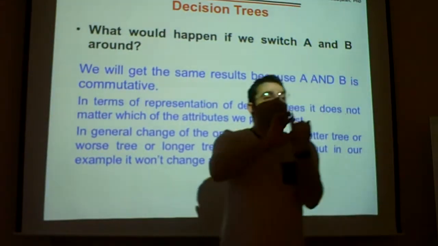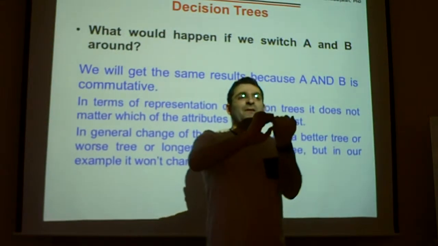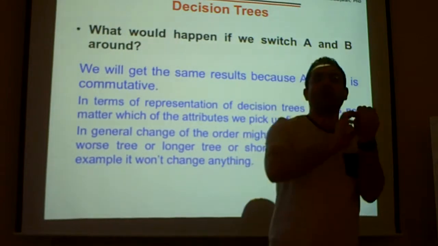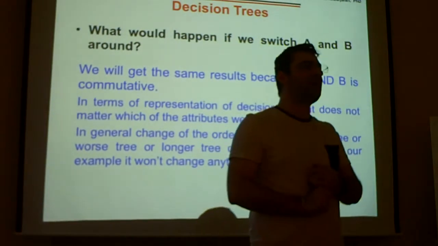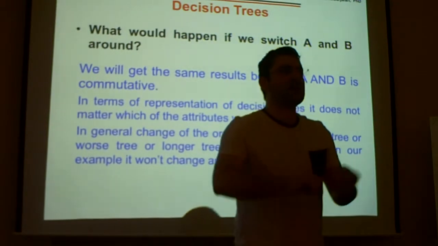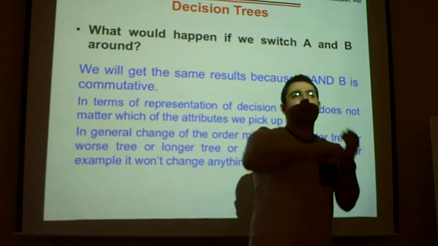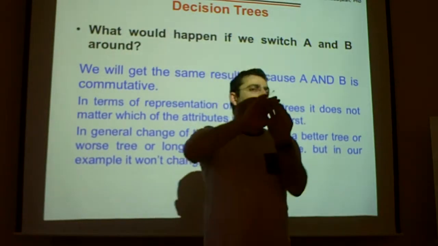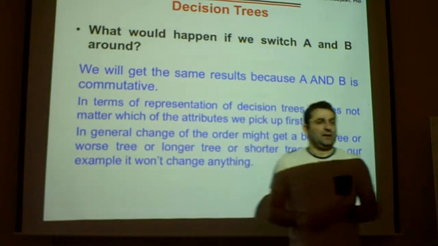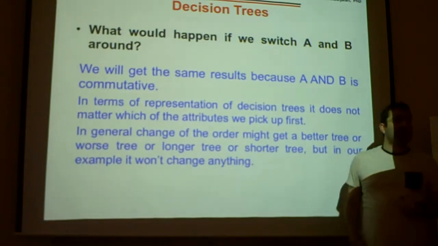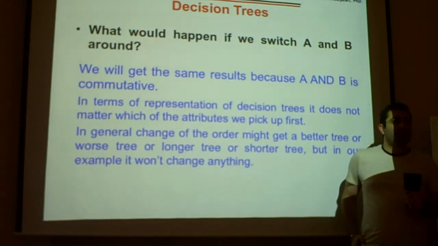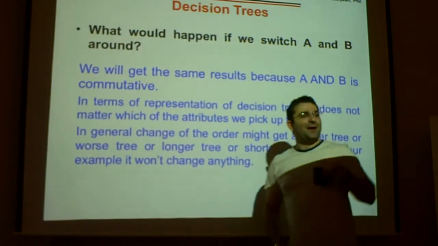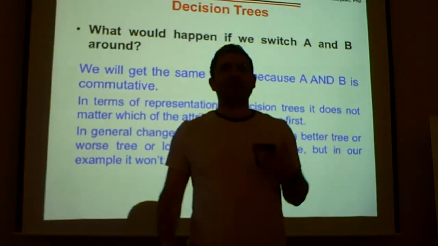And sometimes changing the order will make the tree better. What is the meaning of better? It means the computational complexity is lower, we will get to the results faster, and so on. Sometimes changing it will make the tree worse. Let's get back to that 20-question example.